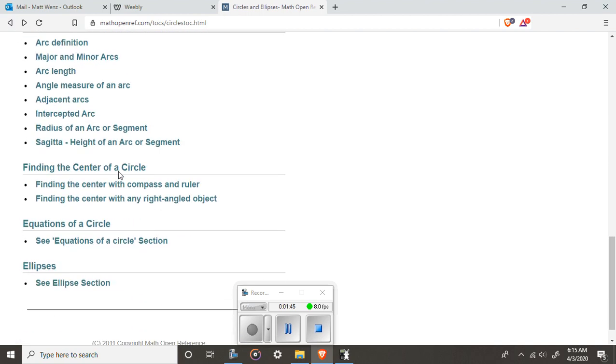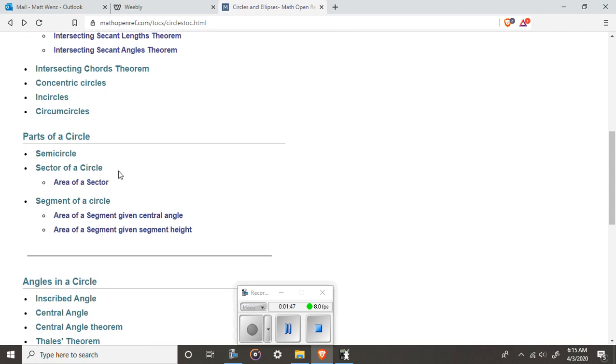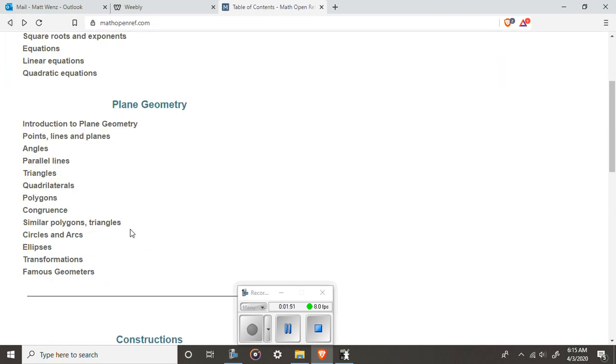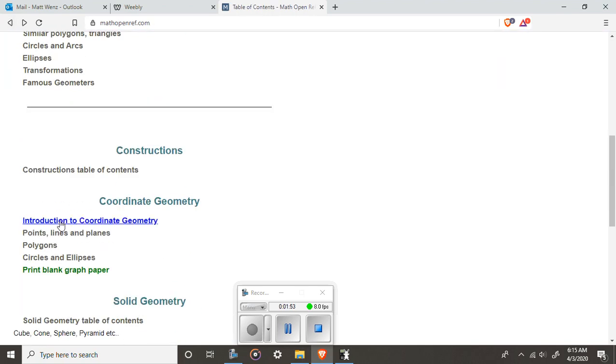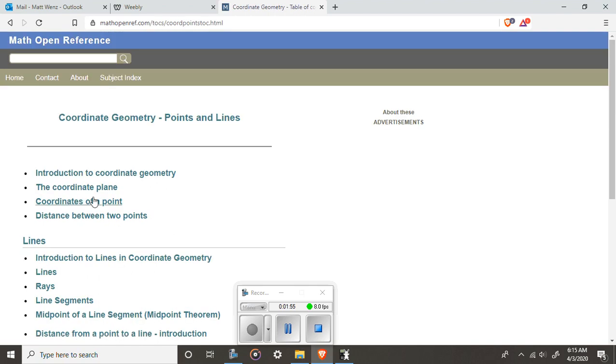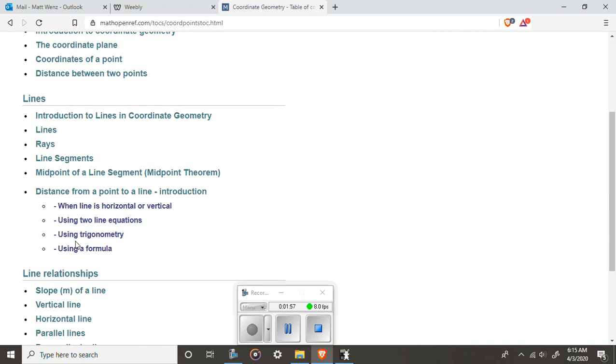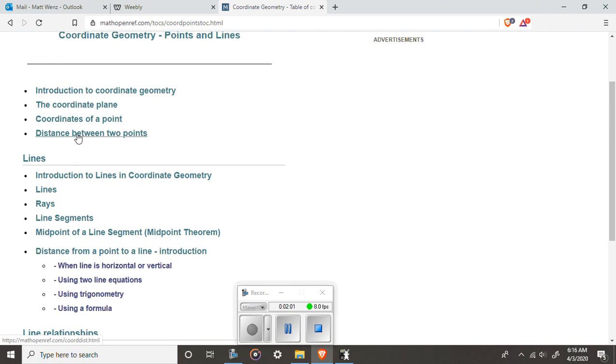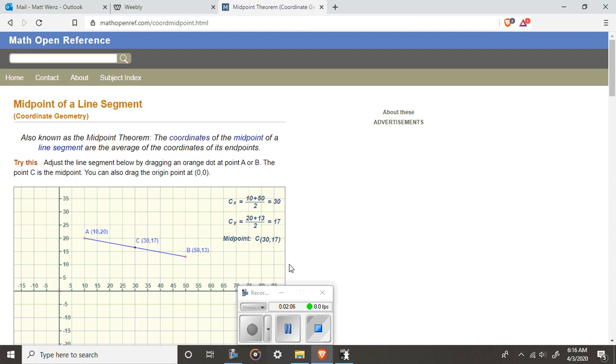Also, as we get a little bit further, we're going to start to talk about constructions and things like that. We can use this. It's got some things on how to do constructions, some step-by-step things. So if we wanted to do, I don't know, midpoint of a line segment.